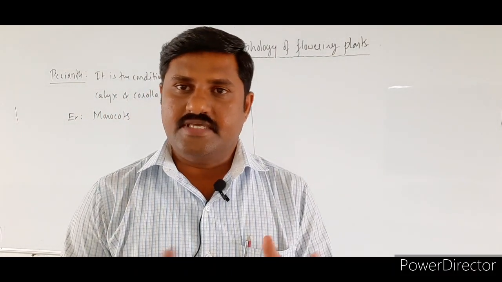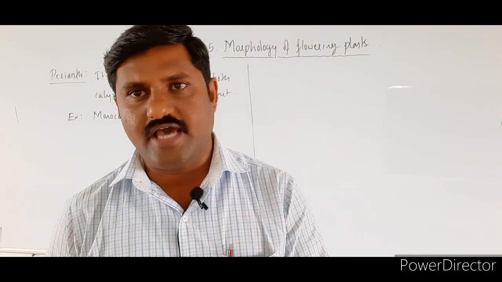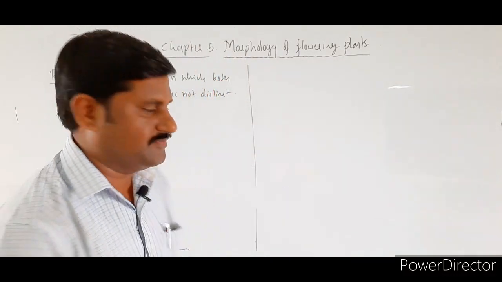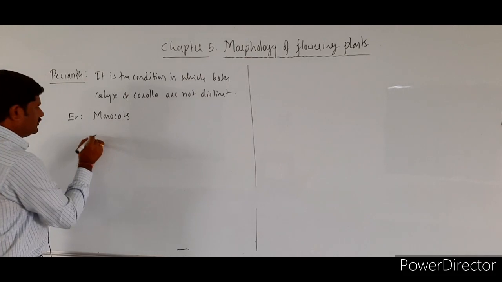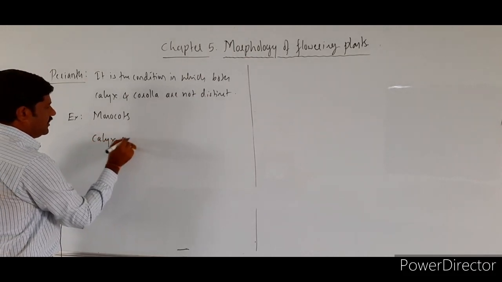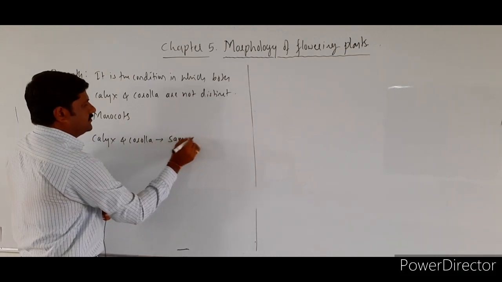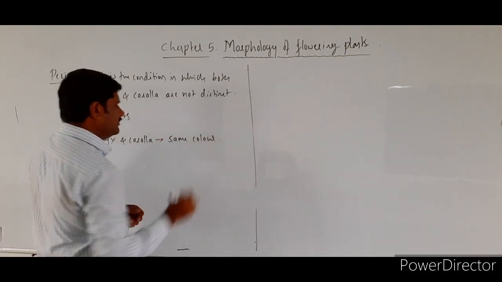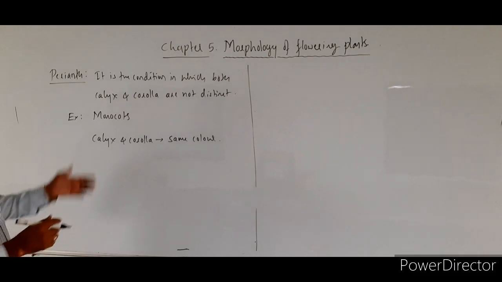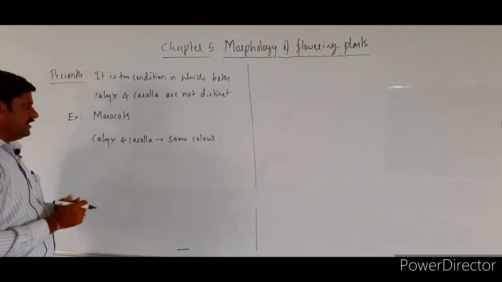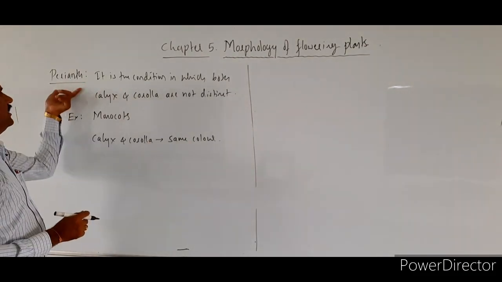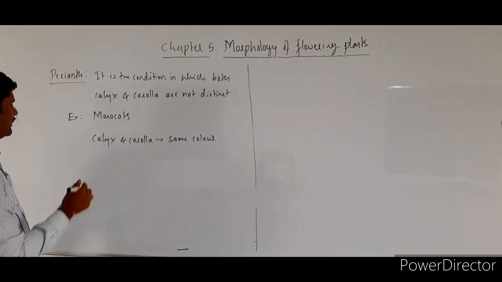Where calyx and corolla are both having the same color sometimes, right? Both are green in color usually. So this condition is said to be perianth condition, right?